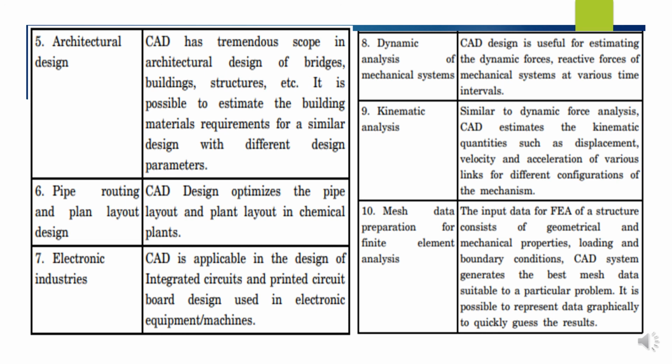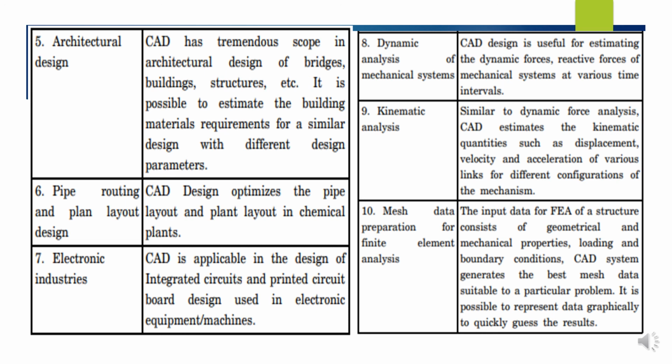The eighth one is dynamic analysis of mechanical systems. CAD is useful for estimating the dynamic forces and reactive forces of a mechanical system at various time intervals. Kinematic analysis: similar to dynamic force analysis, CAD estimates kinematic quantities such as displacement, velocity and acceleration of various links for different configurations of a mechanism.